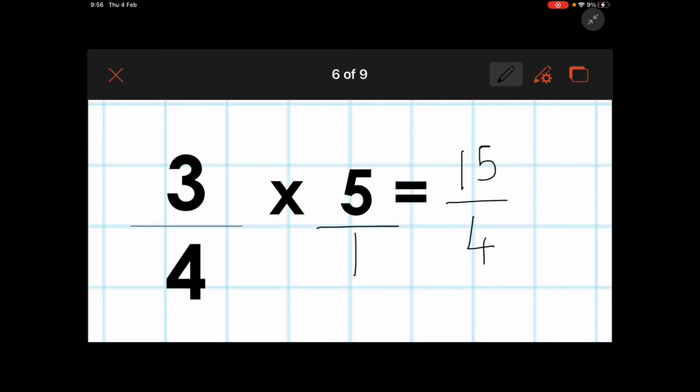Now this improper fraction can be simplified, and I'm going to turn it into a mixed number fraction. I'm going to do 15 divided by 4. 4's into 15. 4, 8, 12. And the difference between 12 and 15 is 3. 3 3/4.